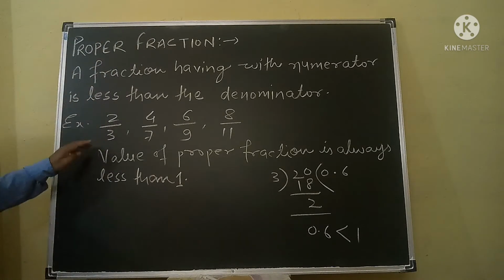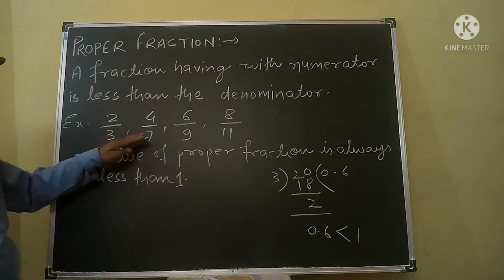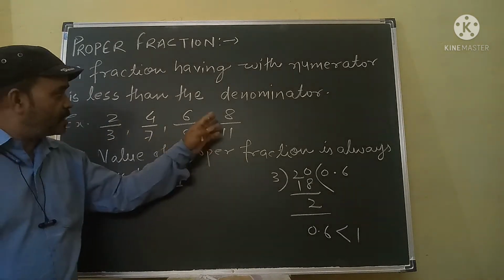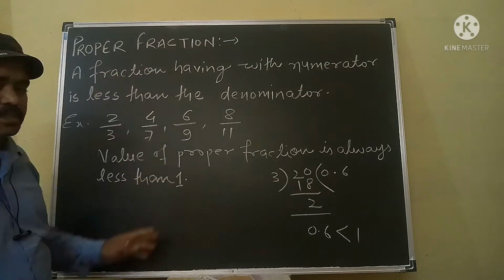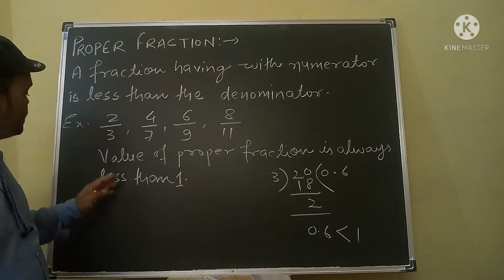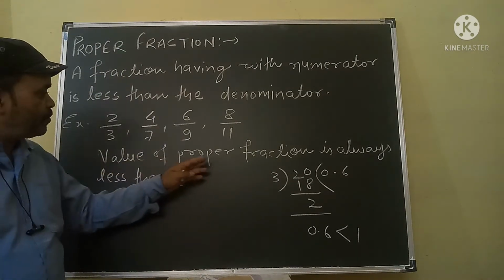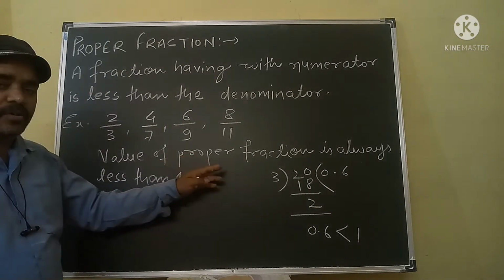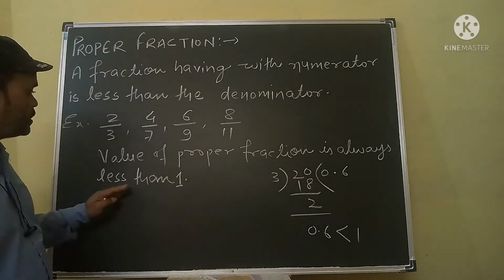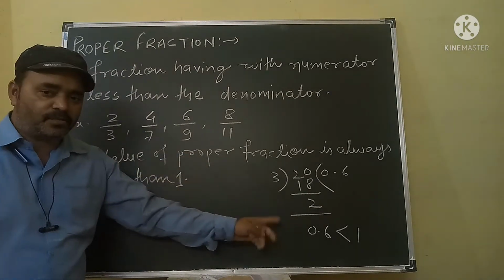A fraction whose numerator is less than the denominator is called a proper fraction. Okay, and the value of a proper fraction is always less than 1.